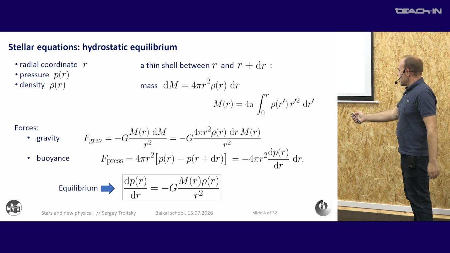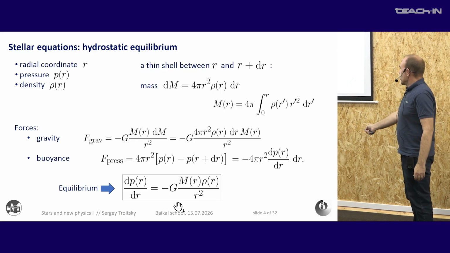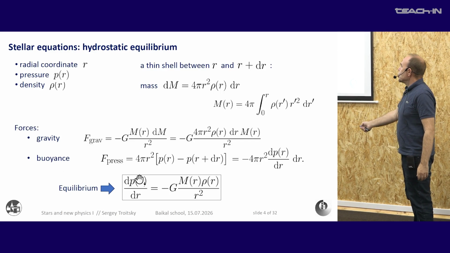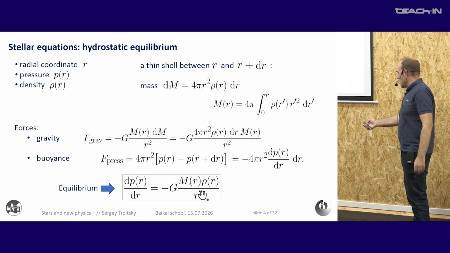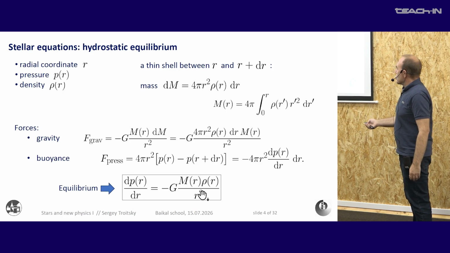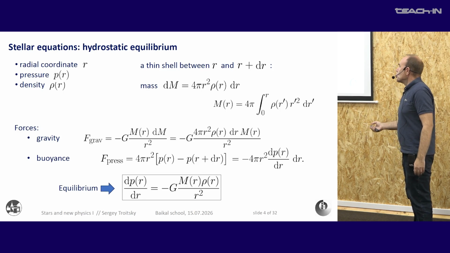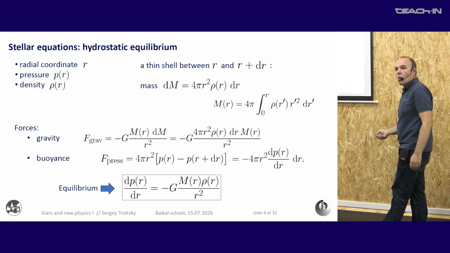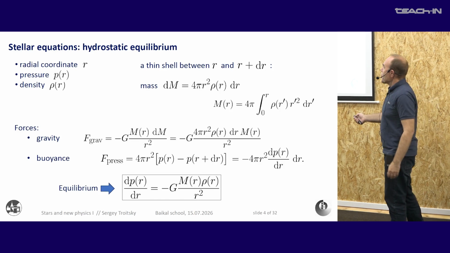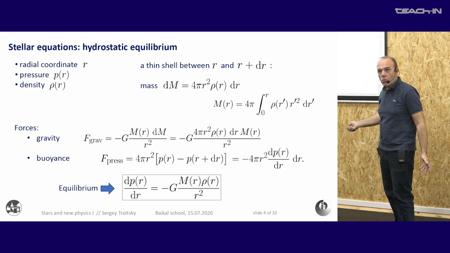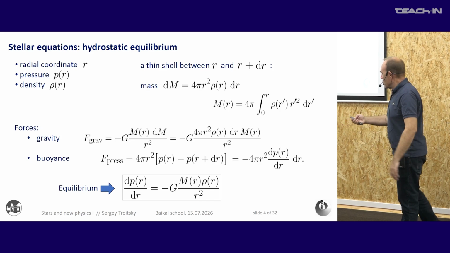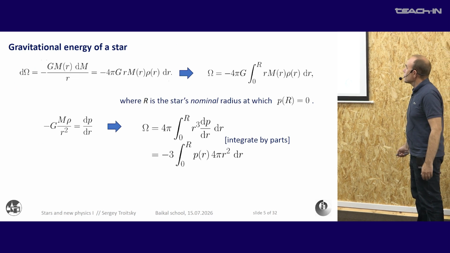This gives us the equation of hydrostatic equilibrium, which relates the derivative of the pressure with the gravitation. For the moment, we have two unknown functions, pressure and density, but only one equation, so we need to find something more.